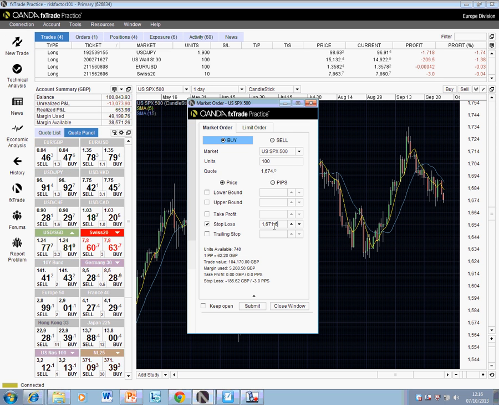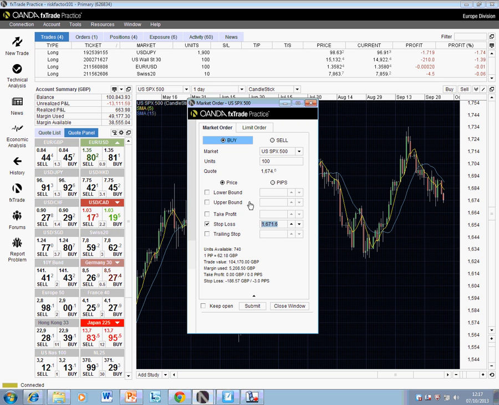Which is telling the system that if it reaches this level, sell it to stop the loss. So you can have an automated stop loss system where you don't have to be monitoring constantly, and the moment the price reaches that level, which is below your buy price, which means obviously you're making a loss, it'll execute your stop loss and stop your losses from growing.